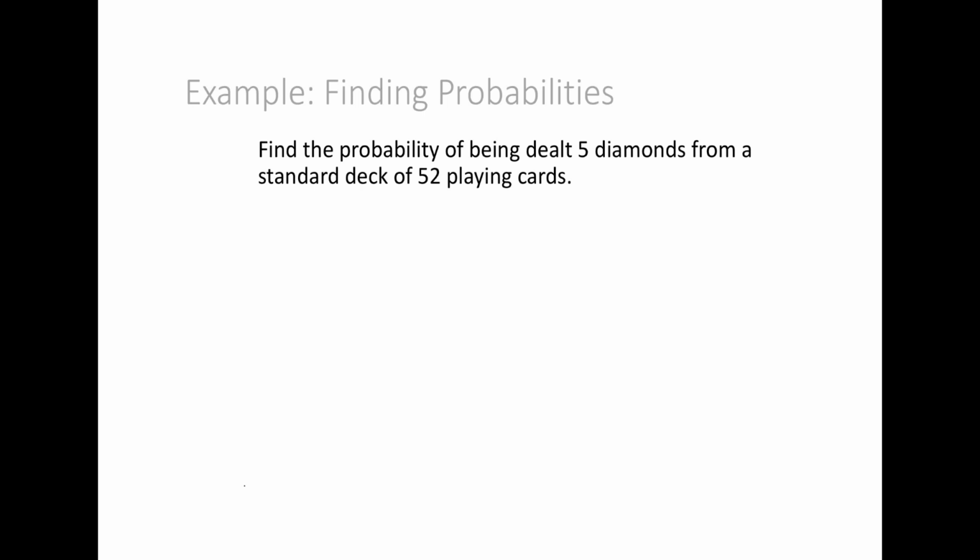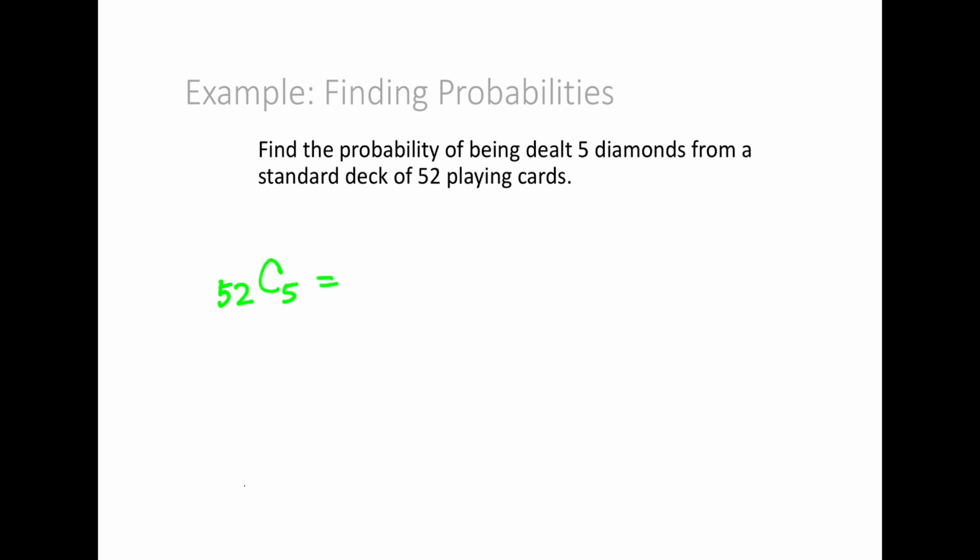Find the probability of being dealt 5 diamonds from a standard deck of 52 playing cards. So if we're being dealt 5 cards, we want to know what's the probability I could get 5 diamonds. So one of the things we would want to figure out is how many different combinations of 5 could I get from 52 playing cards. In other words, I want 52 cards, selecting 5.